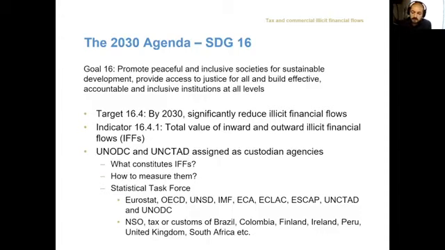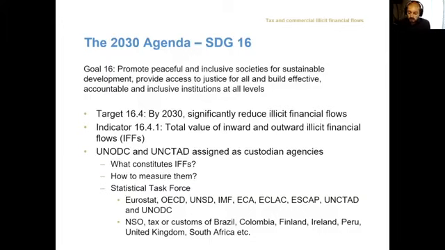To that end, the custodians have set up a statistical task force composed of various international agencies and national institutions, such as the national statistical offices or the tax or customs authorities.